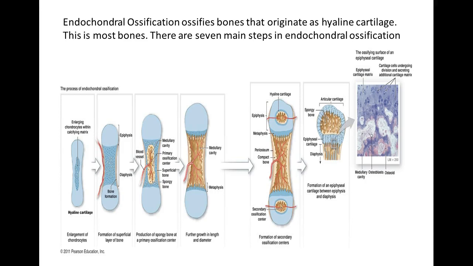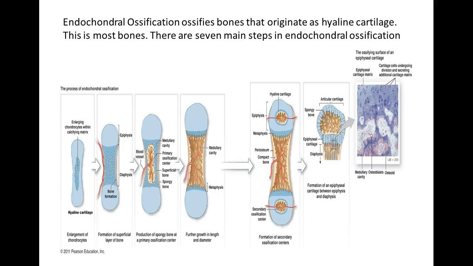Then what will happen is the blood vessel will move to the ossification center, to the middle of this hyaline cartilage. We're on step 3. And again, the bringing of nutrients, etc., will accelerate this process of bone building inside.